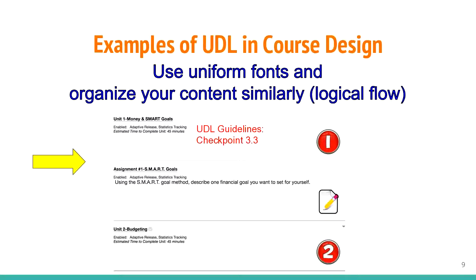Are you using things like uniform fonts throughout? That's another accessibility thing. You want to make sure that you're not using greens and then reds. People who are colorblind can't see these things, so you want to make sure that you're using things that are uniform throughout your course design, and along with that, you want to create that logical flow.